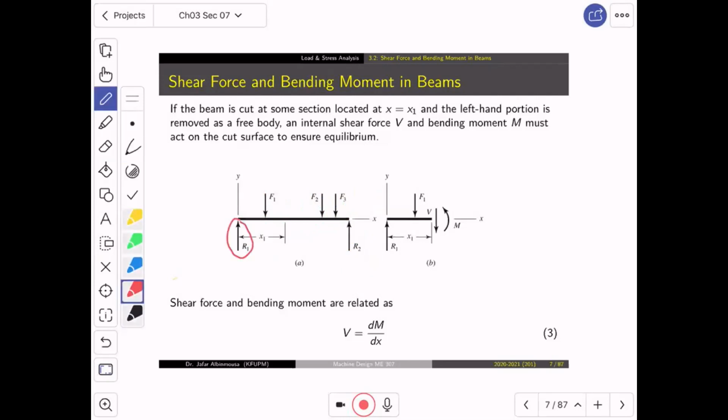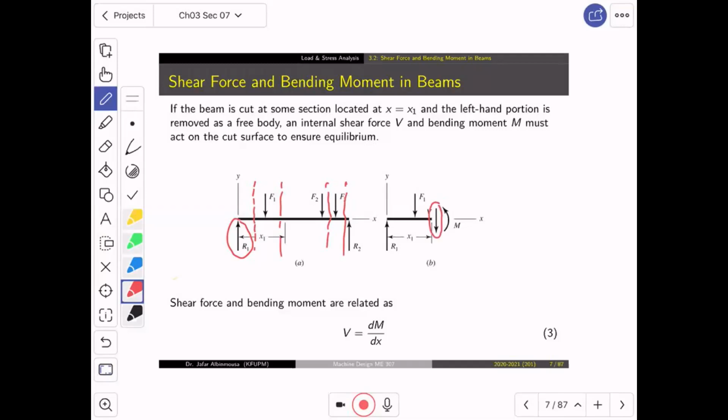Now we can cut the beam over here. We have a reaction. After that, nothing happened. Then we have a force. After the force, we cut the beam. And then we have another force, we cut the beam. And then we have another force, we cut the beam. Each time we cut these beams, the cut, we replace it with reactions.